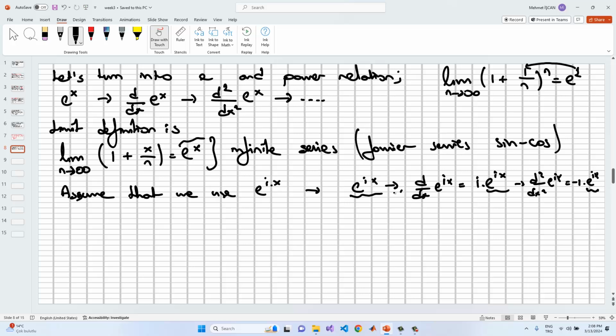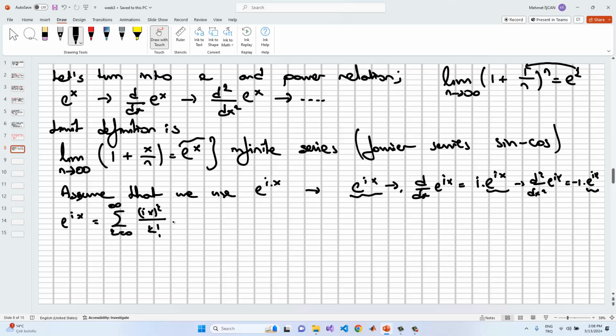But we have different coefficients in here, because the i or j is the imaginary component, and so we can create the periodicity just like this one. And so if I choose this function, then we can refer to e^(ix) as an infinite sum of (ix)^k over k factorial, right?